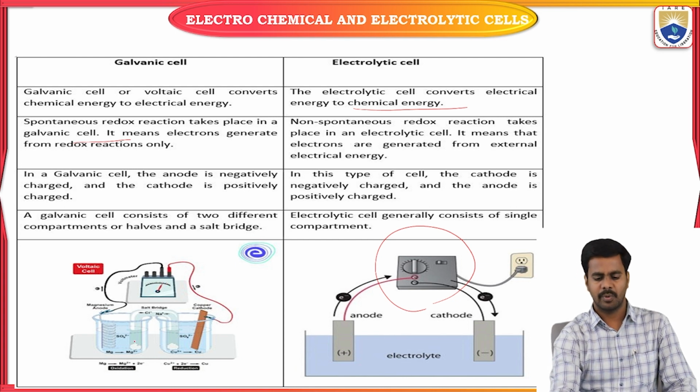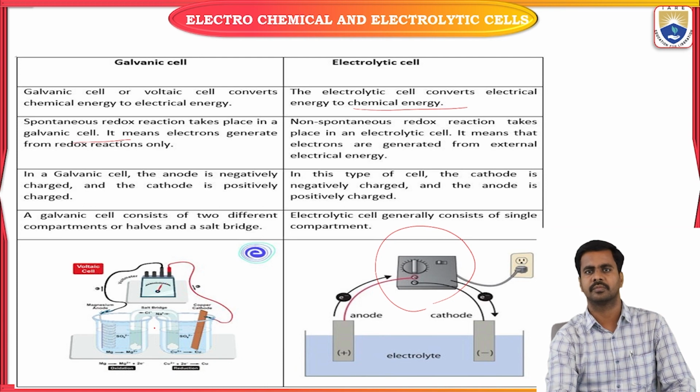Coming to the electrochemical cell, a salt bridge is required. The salt bridge is used to neutralize both compartments of the electrochemical cell. Whereas in the electrolytic cell, a salt bridge is not required.